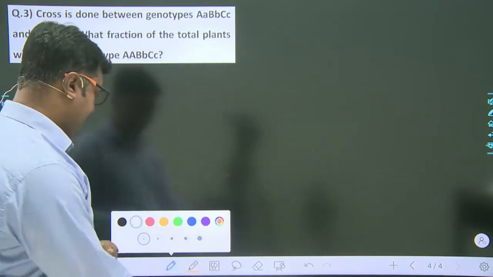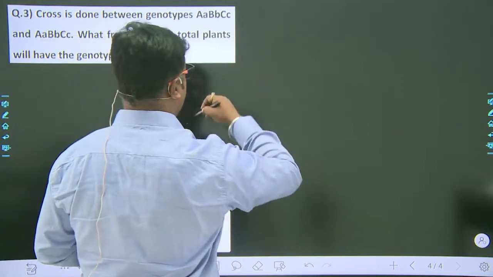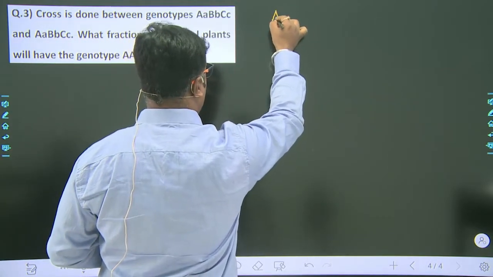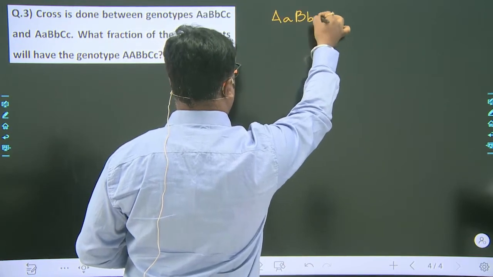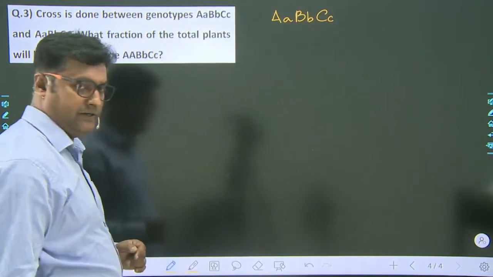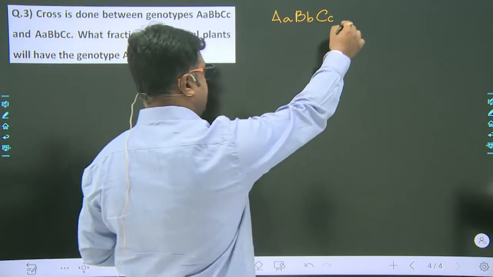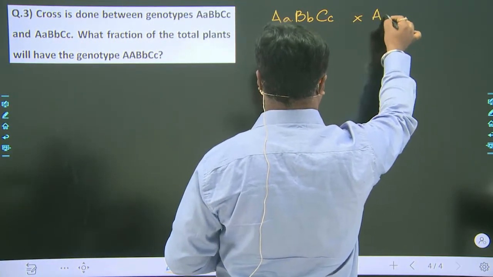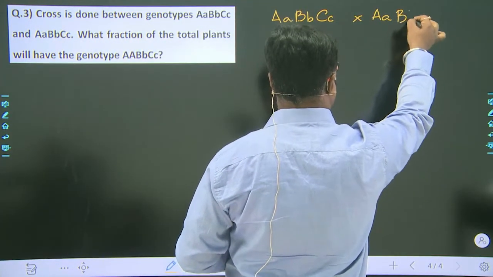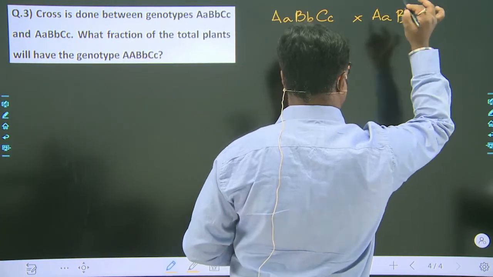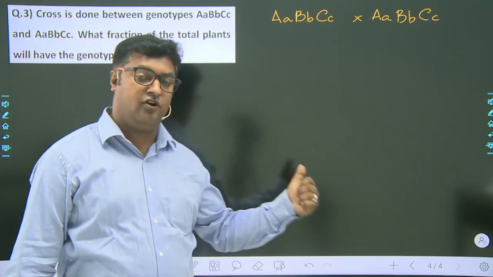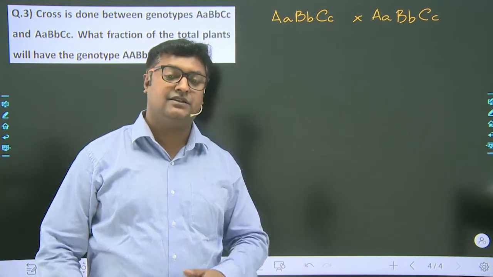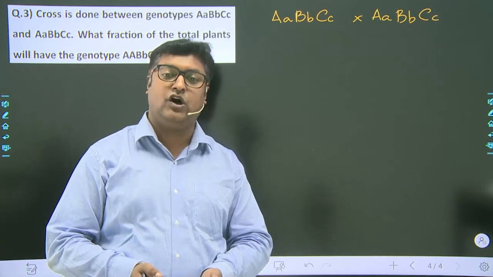Clear? So, first of all, as the question is demanding, there is a cross between capital A small a, capital B small b, capital C small c, with the same capital A small a, capital B small b, capital C small c. Clear?